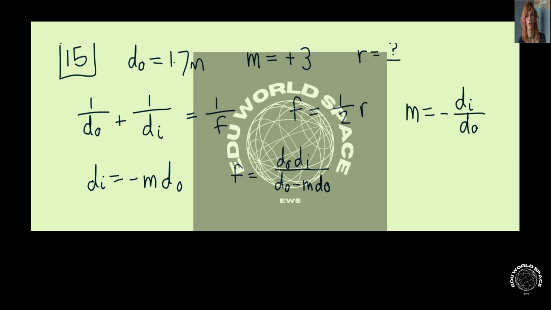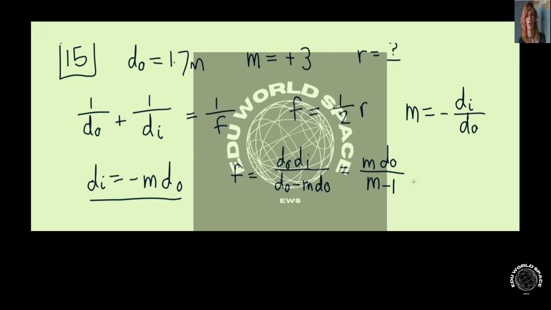So here we can replace di with a more familiar result using this. So in one more step, we would end up with m d naught over m minus 1. Just a tiny bit of substitution there.